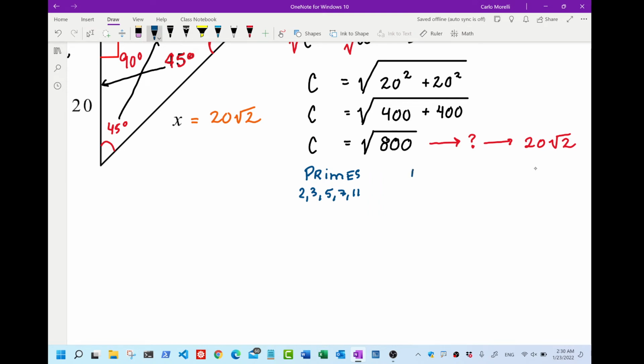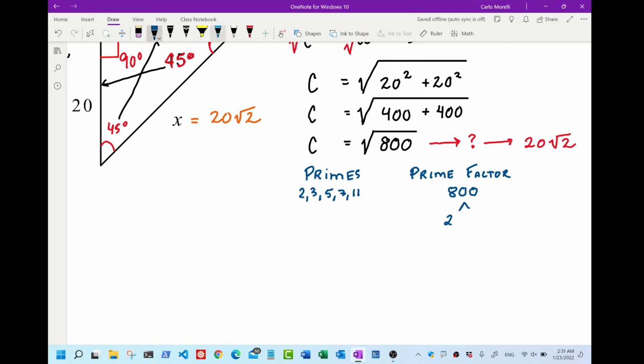So when I say break it down, here's what I mean. Here's how to prime factor a number. Okay, let's prime factor 800. Well, 800 is even, so the first prime is going to be 2.